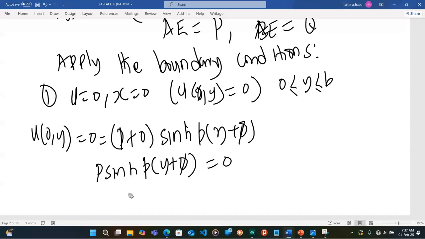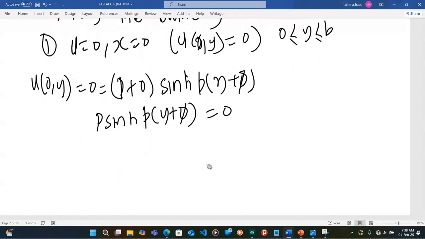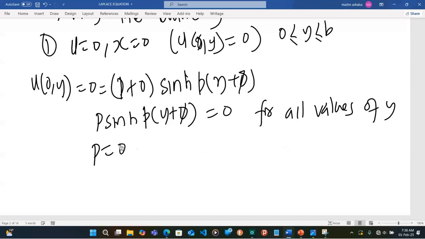So what does this mean? If this is to hold for all values of y, then P can equal 0, but sinh p(y + phi) will never equal 0 if this is to hold.